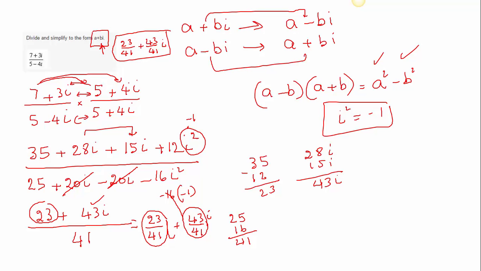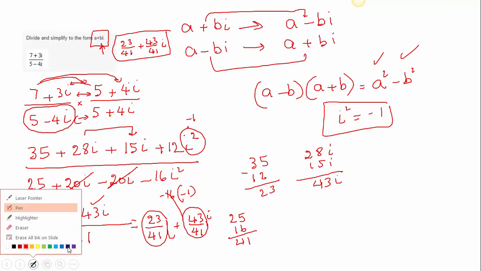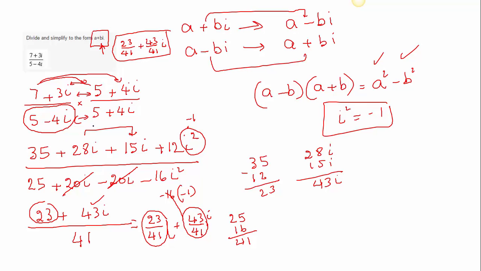So again, all we did in this problem is multiply by the conjugate of the denominator. The conjugate of the denominator, 5 minus 4i, is 5 plus 4i. And now we can multiply straight across. You're going to FOIL, multiply the numerator by the numerator, the denominator by the denominator.